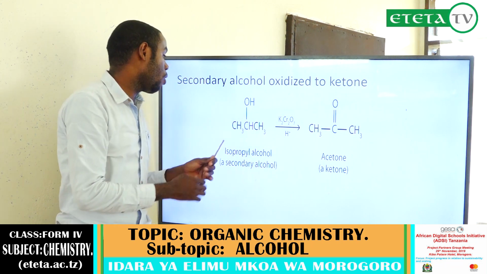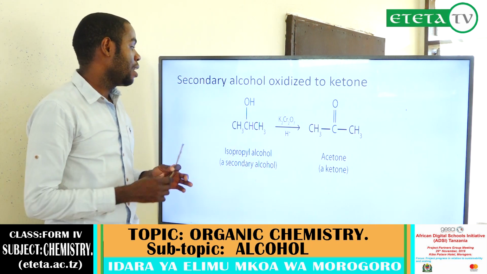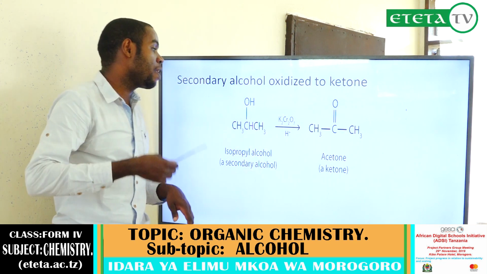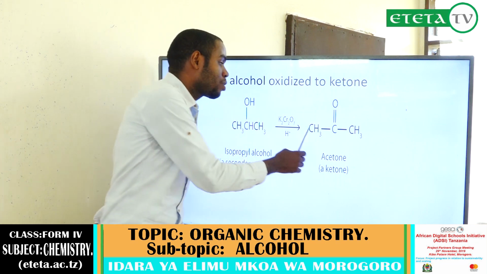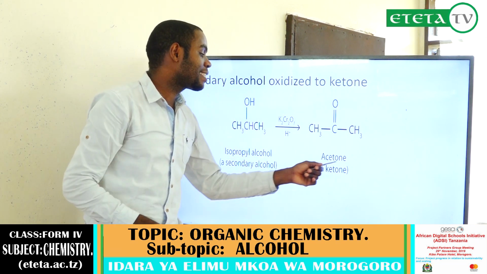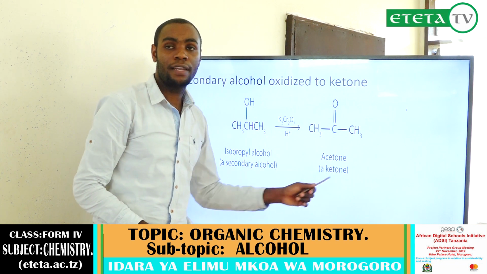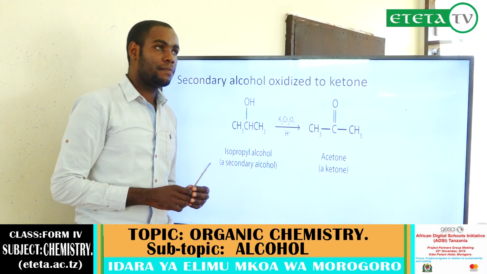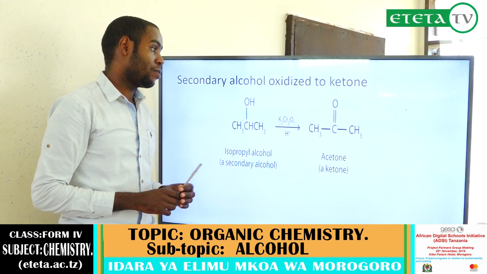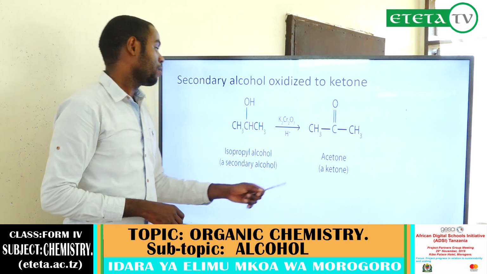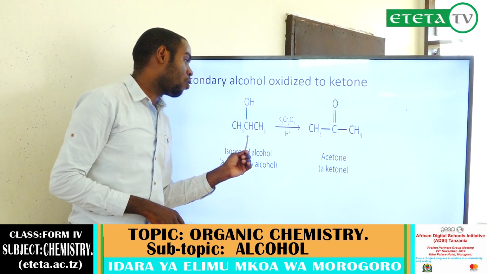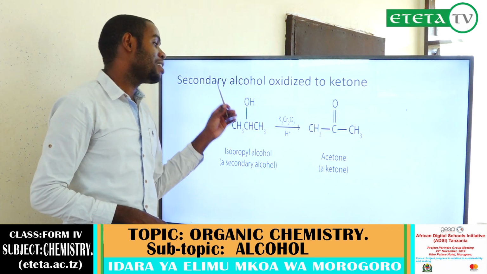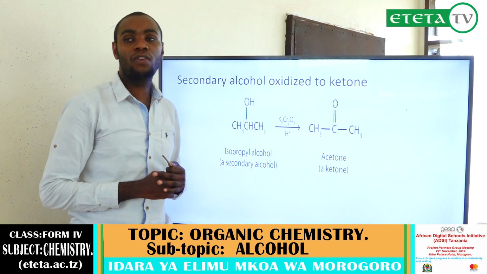If you react this with acidified potassium dichromate or acidified potassium permanganate, the product produced is called acetone. Acetone is a ketone. So the secondary alcohol in the presence of an oxidizing agent is oxidized directly to ketone.